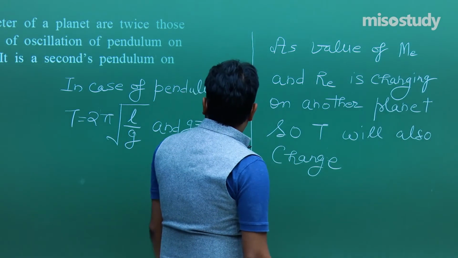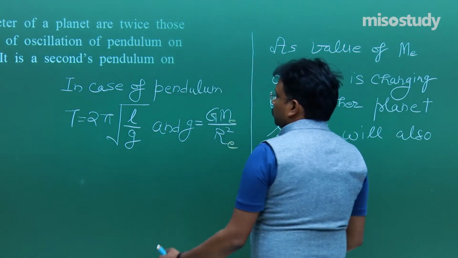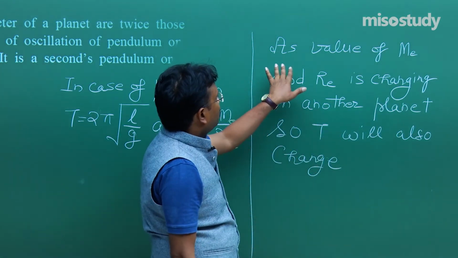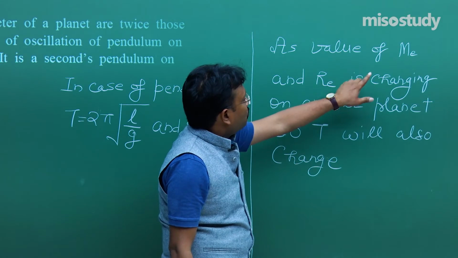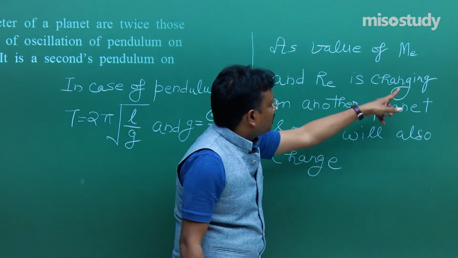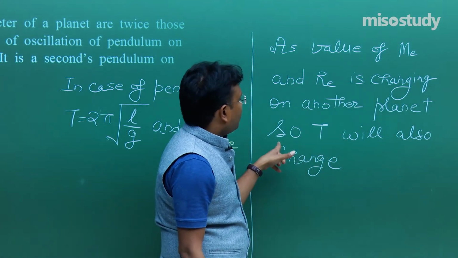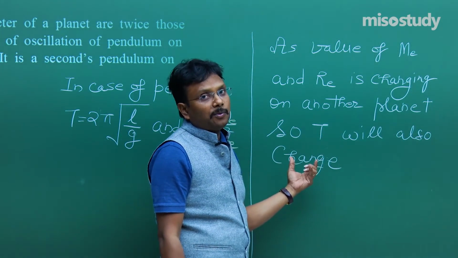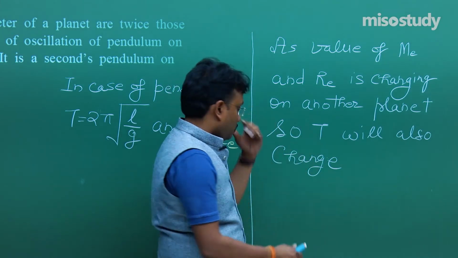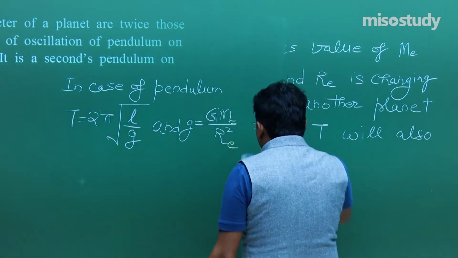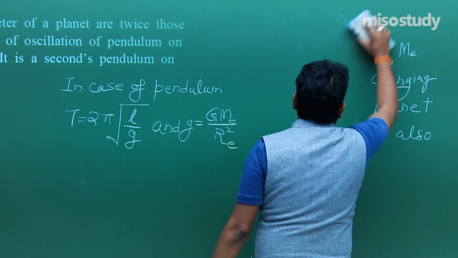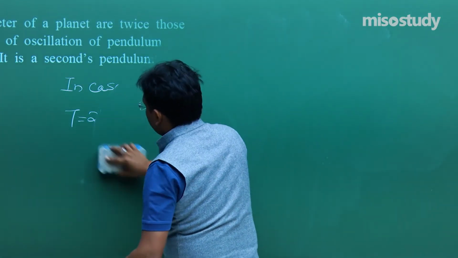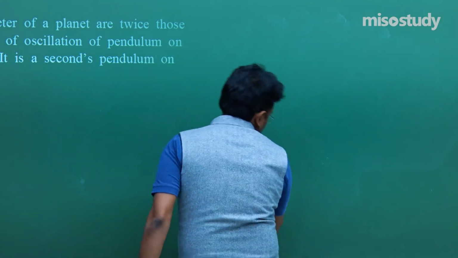Now allow me to erase this entire explanation, but before that I would like to read it again. As the value of ME and RE is changing on another planet, so T, that is the time period, will also change. And how exactly it will change, that I am going to tell you. But the key for this result is associated with small g, and how small g is changing.